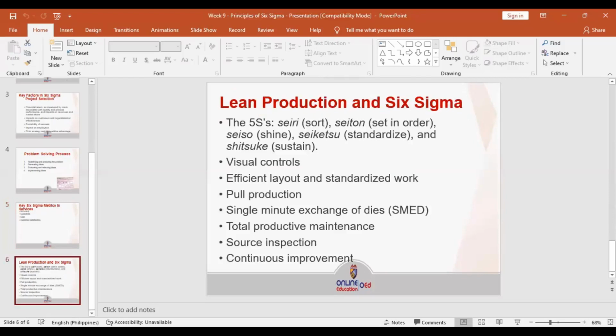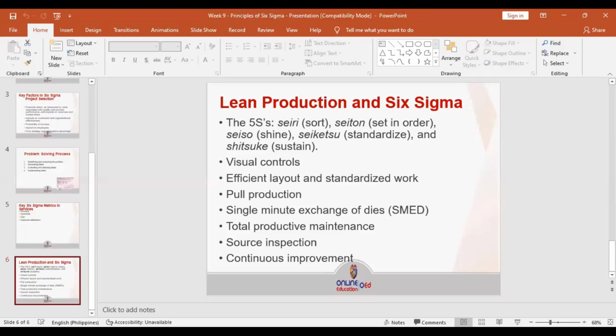Okay, so what are those 5S? The 5S is part of Six Sigma, the lean production. The 5S is the Japanese housekeeping method that is already used and applied. What are those 5S? Seiri, which is sort. We have to sort out all the unnecessary things and put them out. Seiton is to set things in order, to place and arrange the things in proper order.